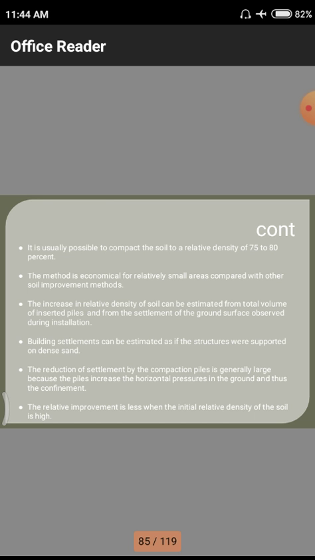Next point is building settlement can be eliminated as the structures are supported by dense sand. That means building settlements can be estimated near the particular soil where we are having any structures. Why?